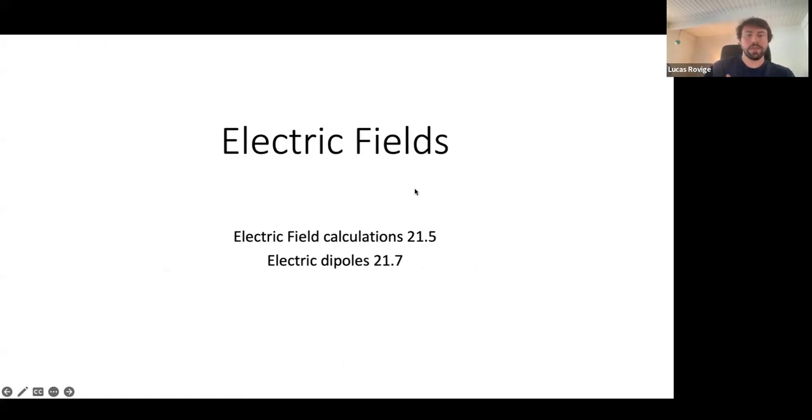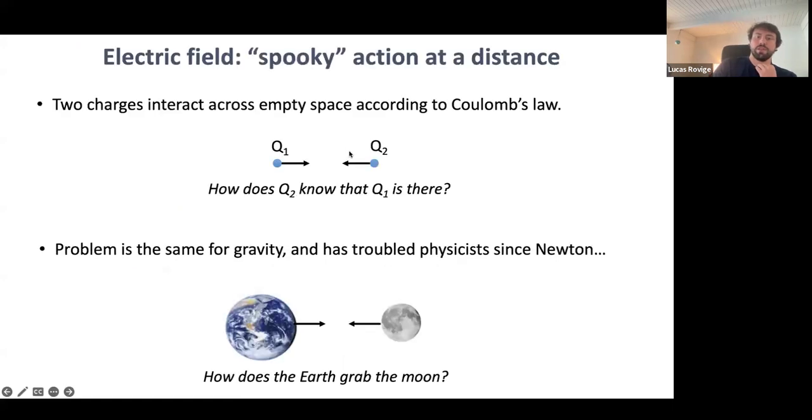So now today we're gonna introduce a new concept for this study in electricity, and it's the concept of electric fields, because we've established that charges interact together through Coulomb's law, and that's true even if there is just vacuum or an empty space between the two. The Coulomb interaction doesn't need any medium to have an effect.